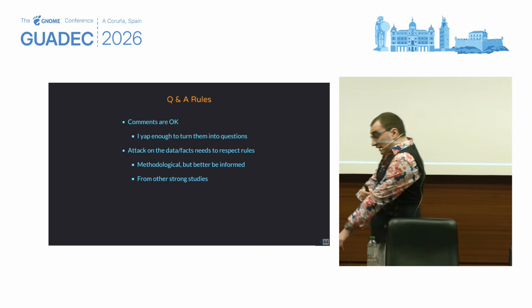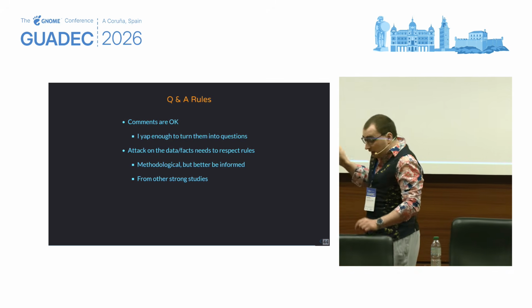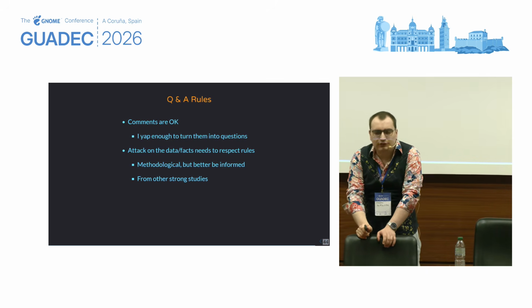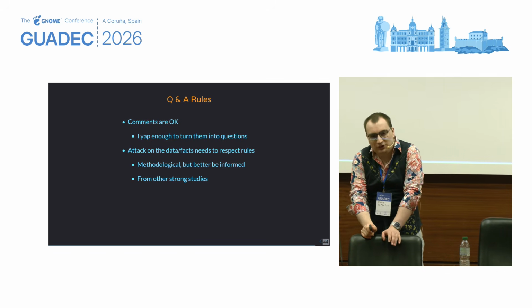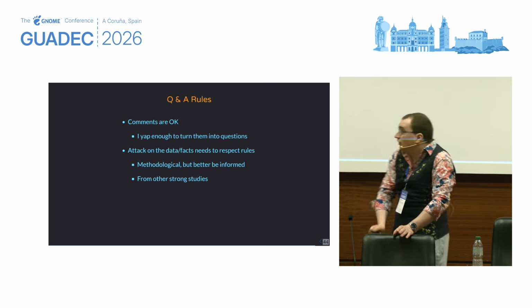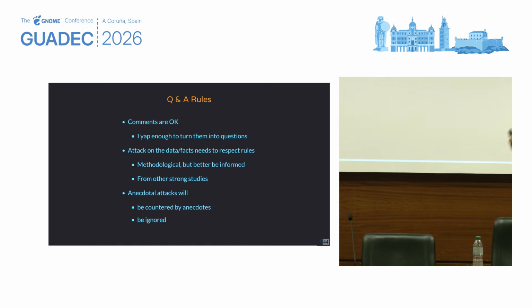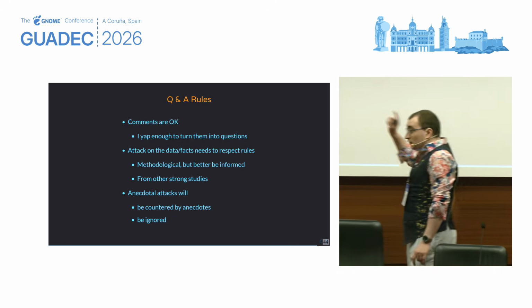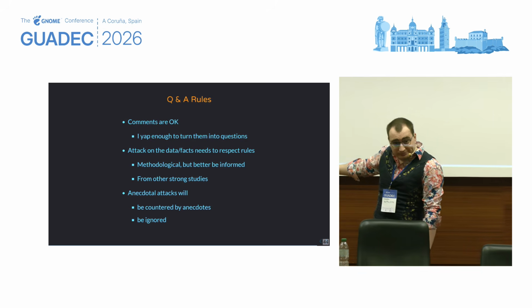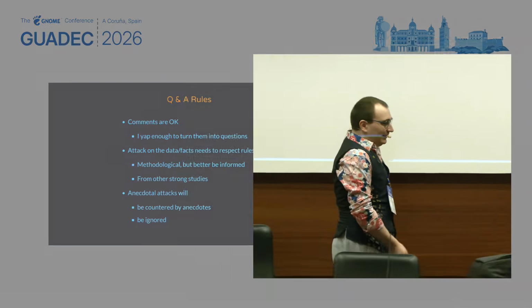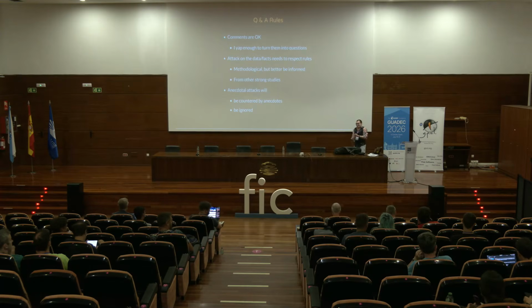Or you can attack with data, but it needs to come from strong studies and reliable sources. I read a lot of scientific studies and research in my free time. I am used to attacking methodology and data, so you need to come with strong stuff. Second, anecdotal attacks on what I just said, on the model and how it works, will be countered by anecdotes or be ignored. You are warned. So, at your own risk.